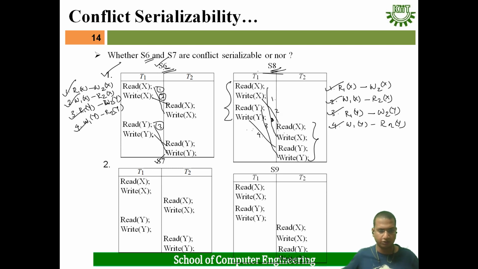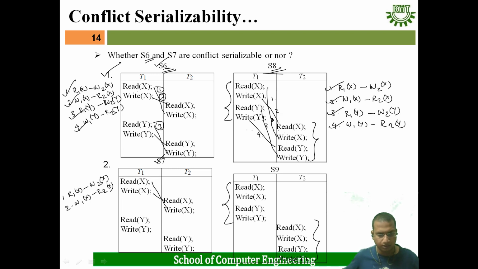All the instructions of T1 I have written first, then all the instructions of T2 later on. Now we'll see what the conflicting operations present here are. Read X to write X: the first one is R1X to W2X. Then the second one is W1X to R2X.